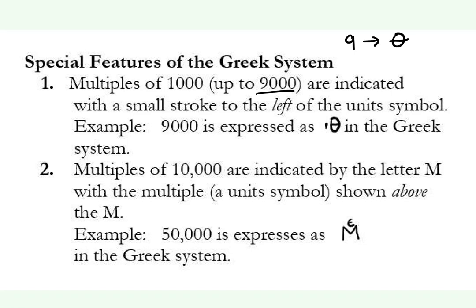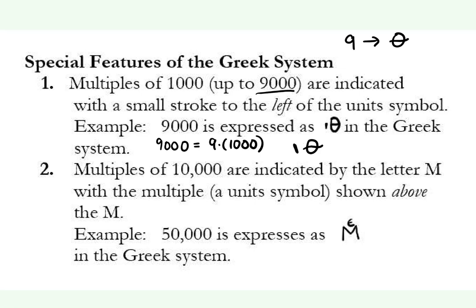If we wanted to express the number 9,000, 9,000 is equal to 9 times 1,000. So to indicate that we're multiplying 9 by 1,000, we would write the symbol for 9 and then a small stroke to the left. So this is how we could quickly represent the number 9,000.